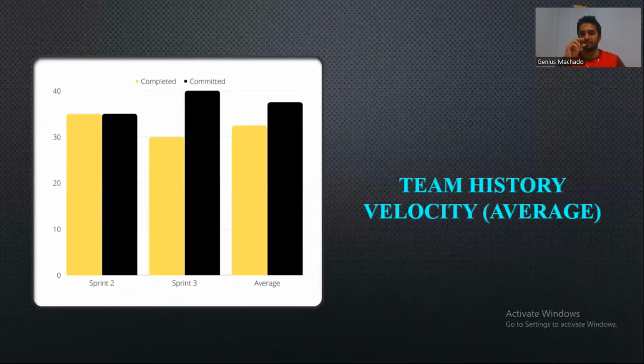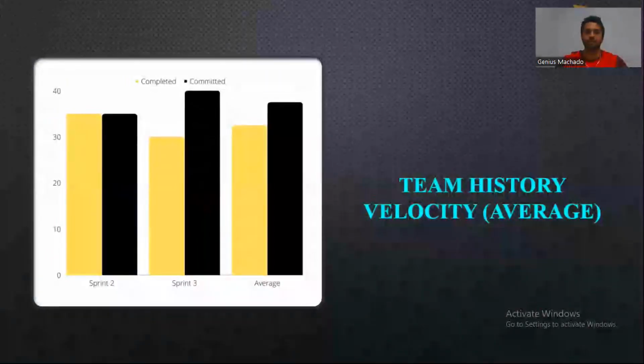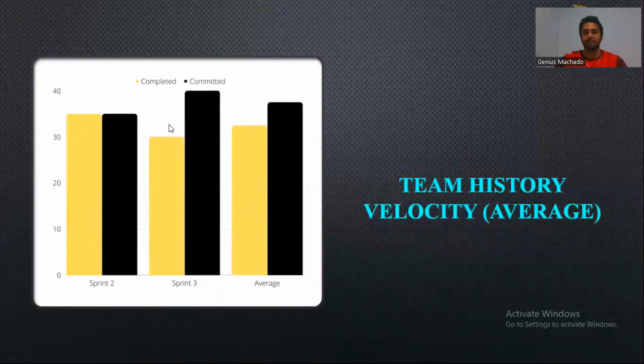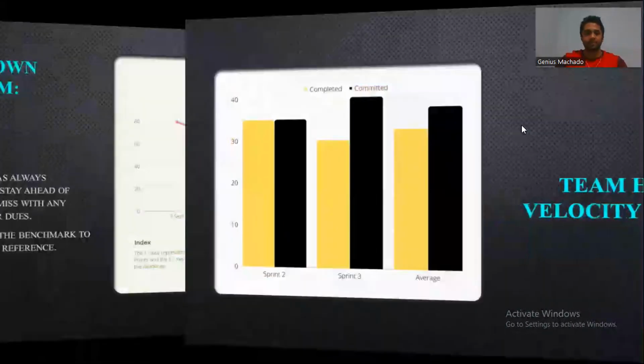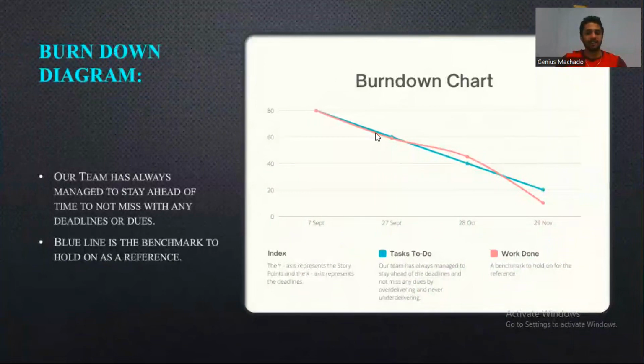So you see a little bit of the difference, the potential difference over here. But again, to keep the average and everything balanced, we managed as a team to come up with the same number of user stories this time. Sprint 2 and sprint 3, you can see it's not much of a difference, and the team has done well.